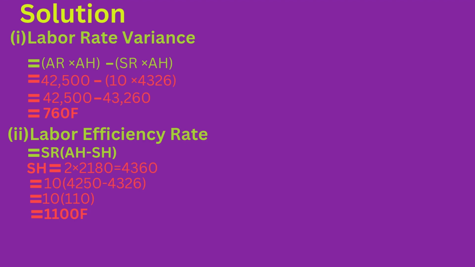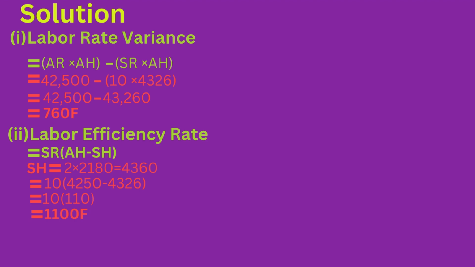Our standard hours will be 2, which is the standard time per unit, multiplied by the total units which have been produced to get the hours which have been used to produce the units. So we say 2 multiplied by 2,180 to get 4,360.